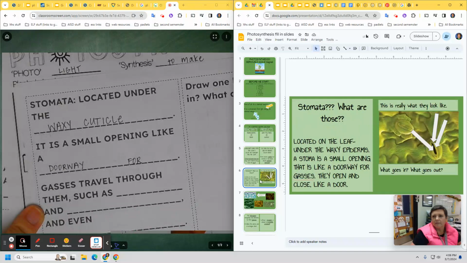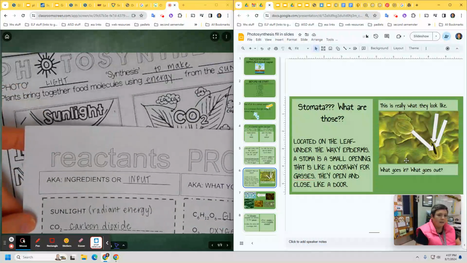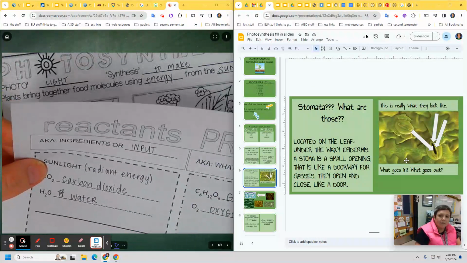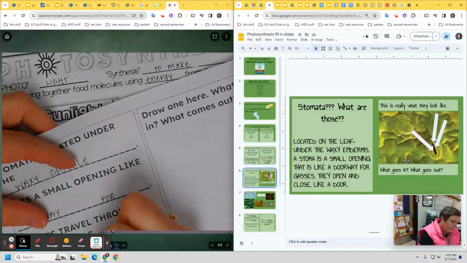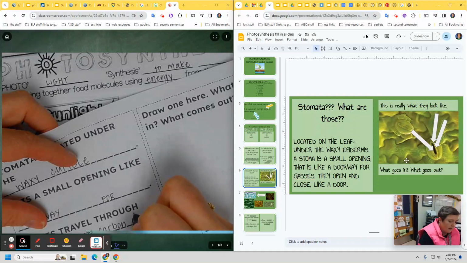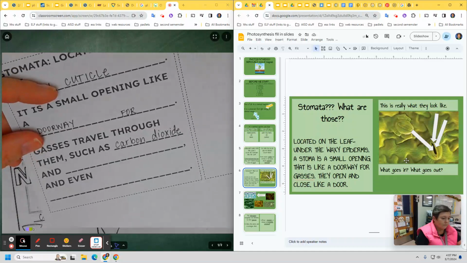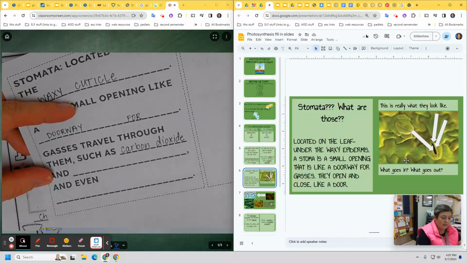Okay, so let's think about what goes in. So what needs to go in? What are our inputs over here? Okay, sunlight comes in. It doesn't have to go through the stomata though. Okay, but carbon dioxide needs to come in. Carbon dioxide. Okay. It also lets out oxygen.